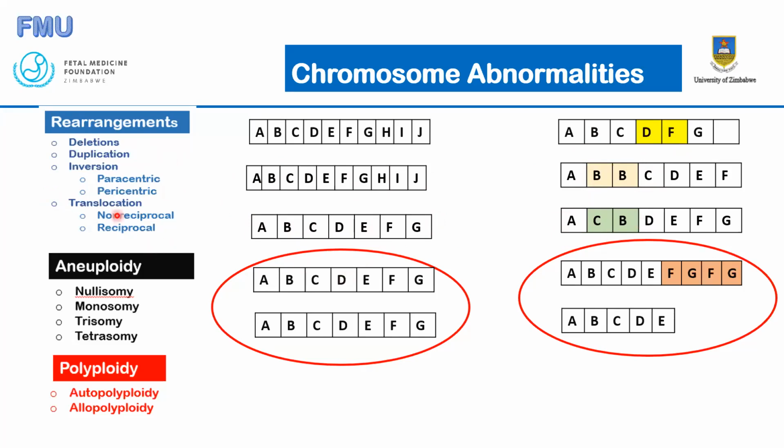Then for the translocations, we have a situation whereby one chromosome will share or exchange parts of the chromosome with another. These two chromosomes here have exchanged. You can see that the FG has now been put there, and this one is now longer, and this one is shorter. Translocations can be reciprocal, which will create a balance.